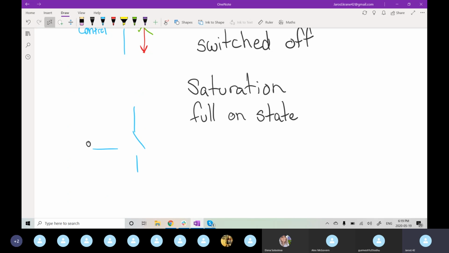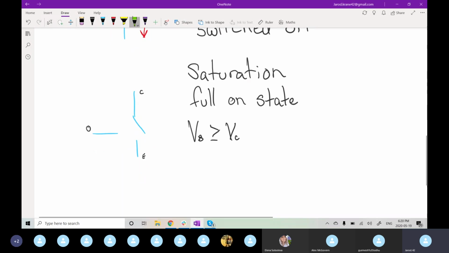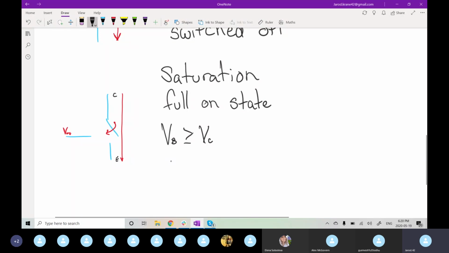So when we send a signal, when we have a voltage on the base that is larger or equivalent to our voltage on the collector, we will see that it closes the gate, and it essentially causes a short between collector to emitter. So this state is essentially switched on.